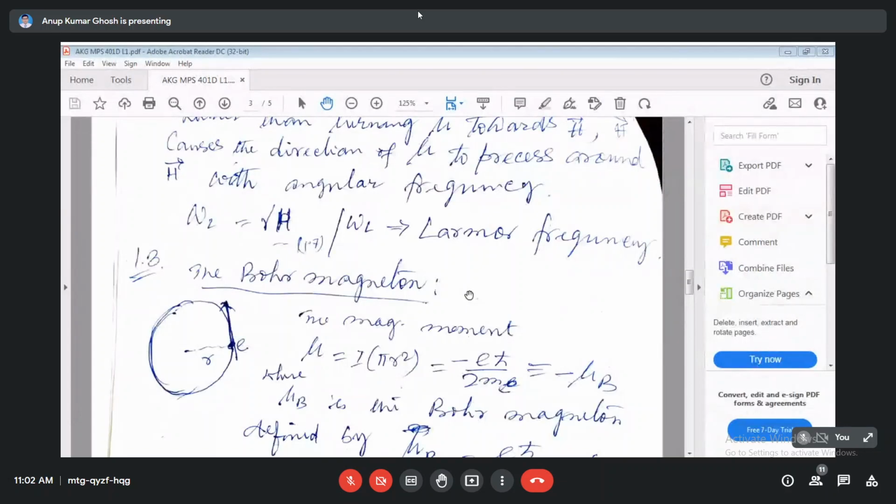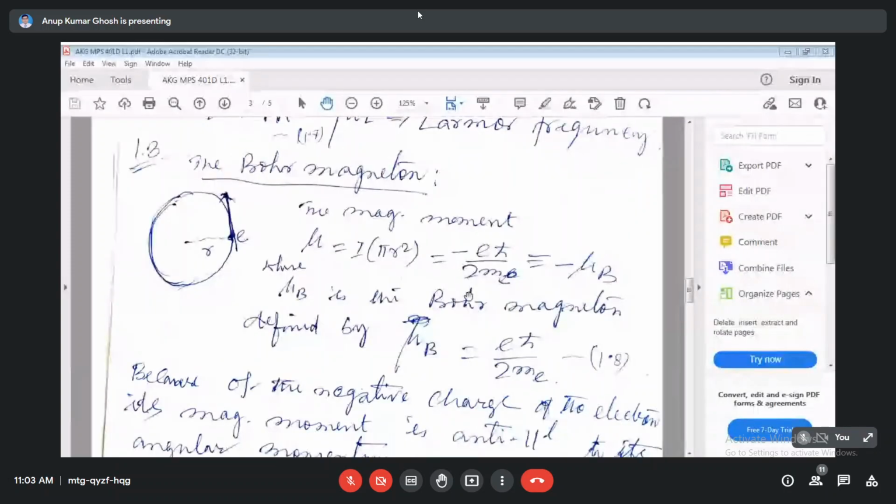Now, the Bohr magneton. All these things are an introduction to terminology which will be used later. The Bohr magneton. The magnetic moment, if we consider a current loop, mu equal to I into area. And for simple cases the area is a circular disk, so pi r square.